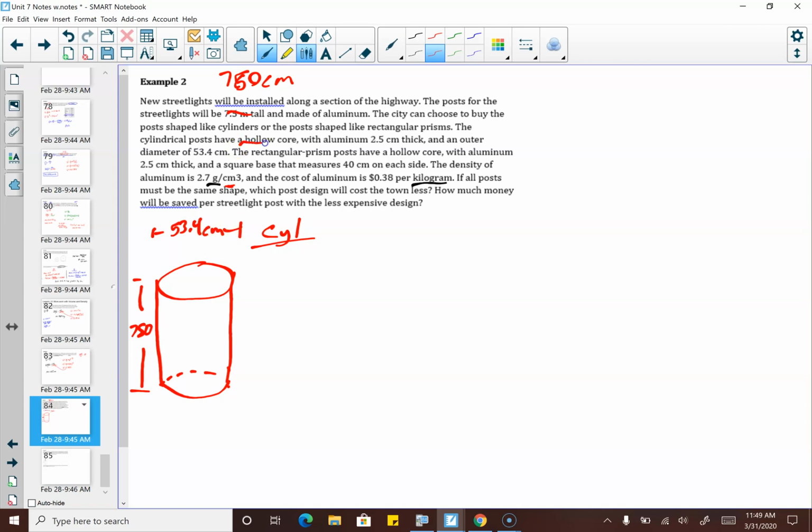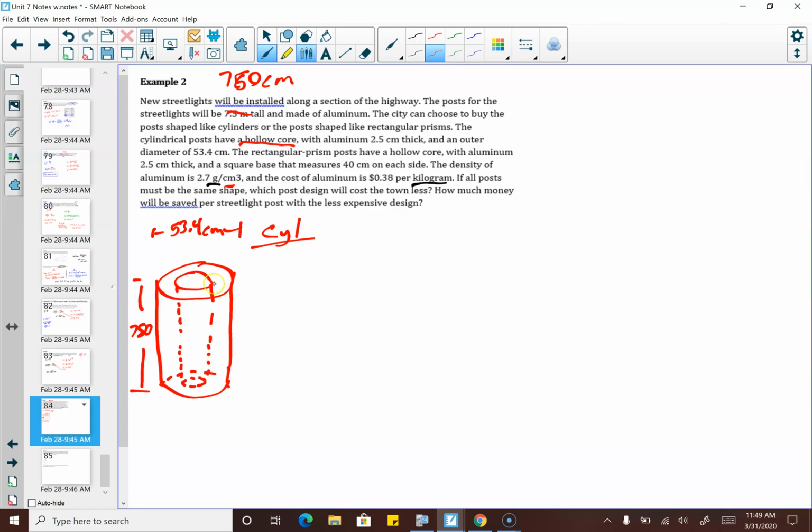But it also says it has a hollow core. So the aluminum is 2.5 centimeters thick. So basically what's going to happen is we're going to have this center here that's cut out of our cylinder. So it's going to be a cylinder that's missing its middle, okay?